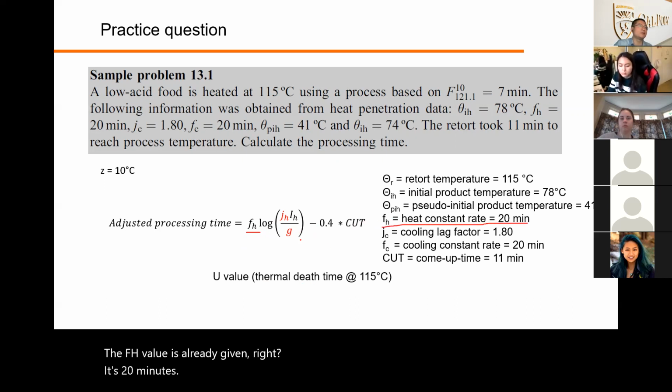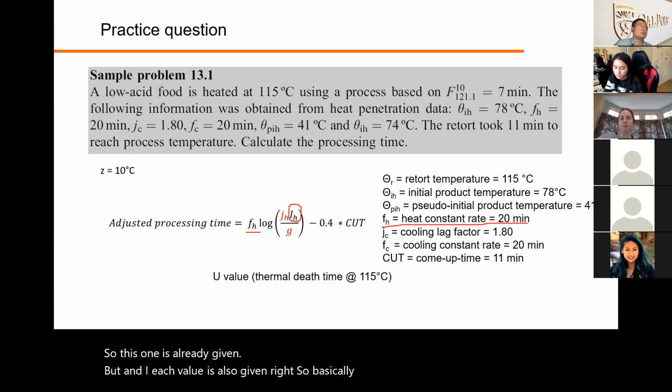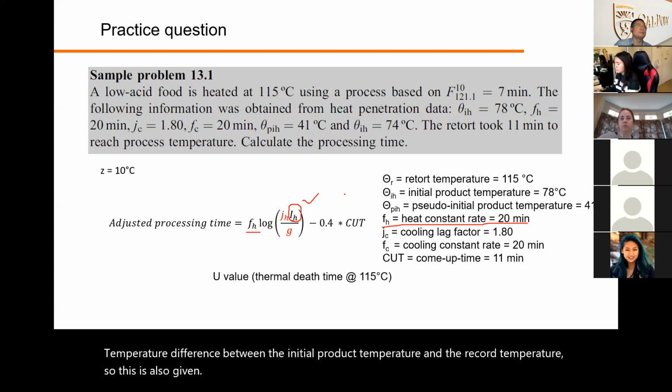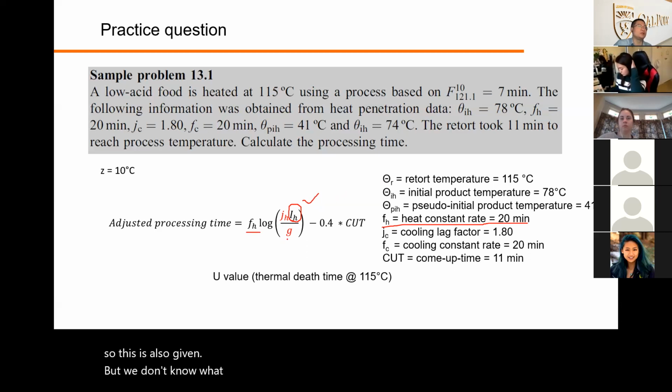And the IH value is also given, right? Basically that's the temperature difference between the initial product temperature and the retort temperature. So this is also given, right? But we don't know what JH is and what G is, okay?